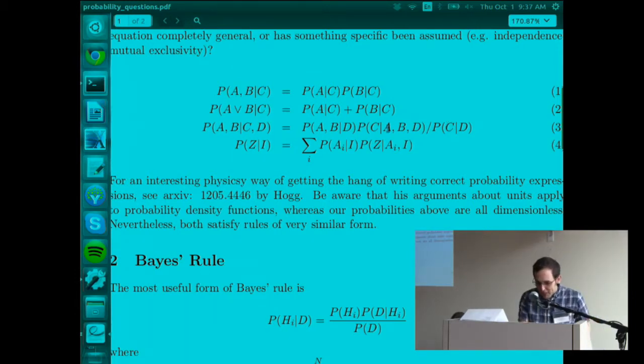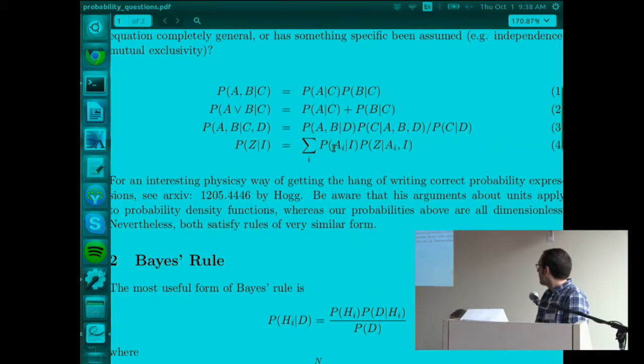And the final equation, it's got a sum, so it's got to be the sum rule. I is in the background of everything, and what this is doing is calculating the probability of Z when you know the probability of Z conditional on a bunch of A's, and you know the probabilities of the A's.